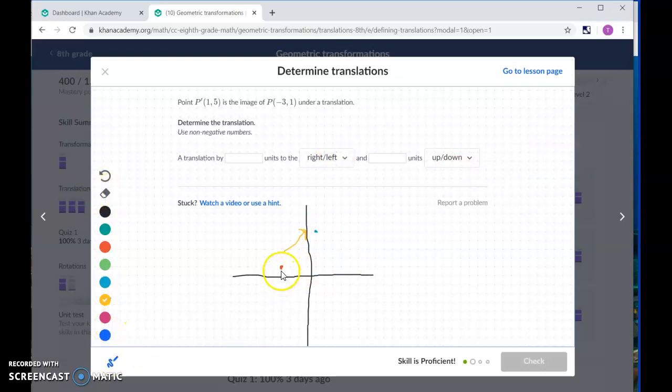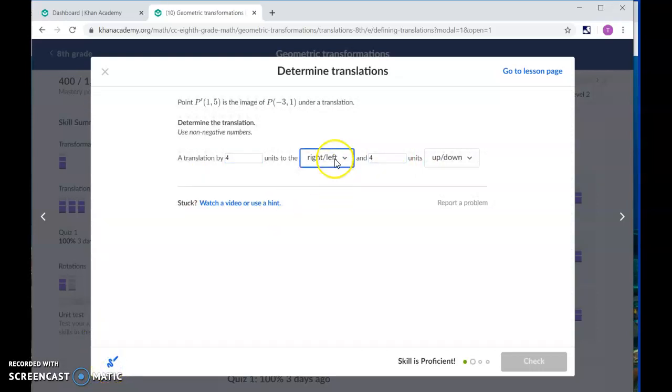And I can count. I can go 1, 2, 3, 4. So 4 to the right. And then how many up? Let's see. 1, 2, 3, 4. And then 4 up. Okay, another way that I can do that is I can just count from here.